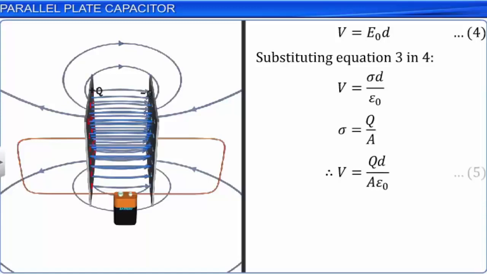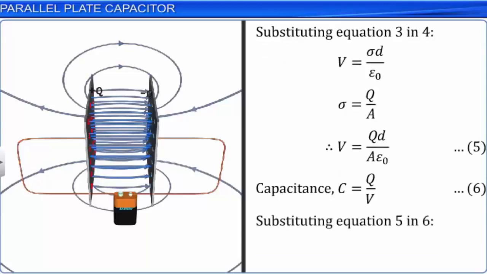Now, capacitance of a parallel plate capacitor C is equal to Q by V. Let this be equation 6. Substituting equation 5 in 6 and simplifying, we get capacitance C is equal to epsilon naught A by D. Let this be equation 7.